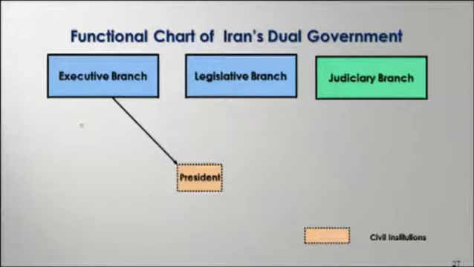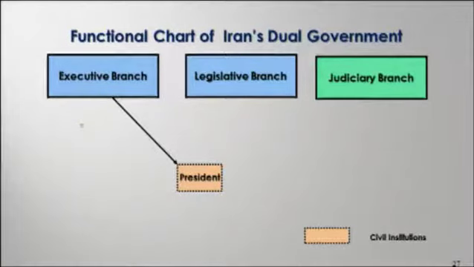In fact, it circumscribes the entire executive branch, making them subordinate to the leader. To a lesser extent, the same is also true with respect to the parliament or Majlis.